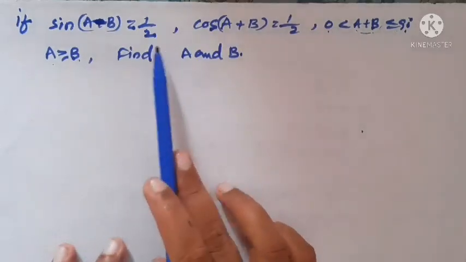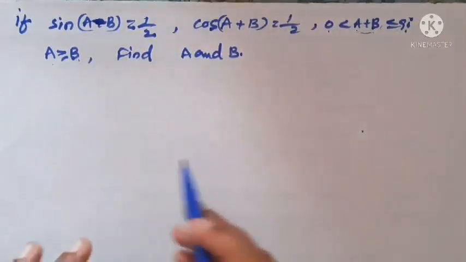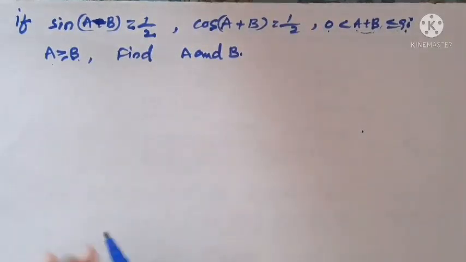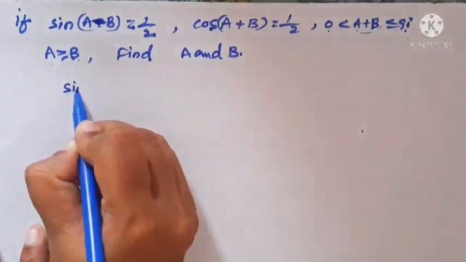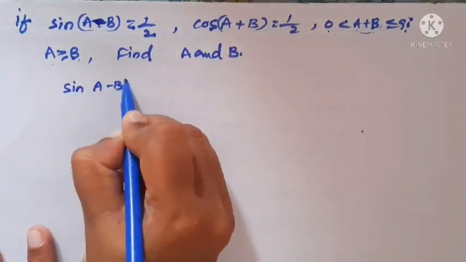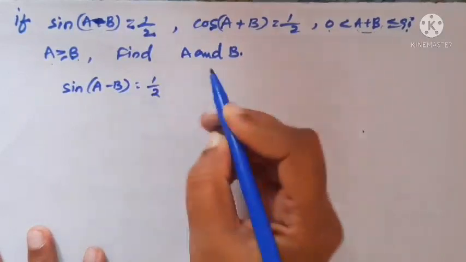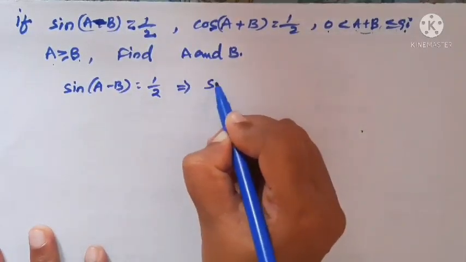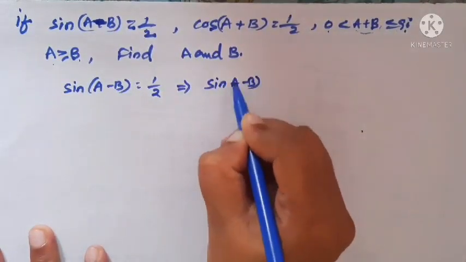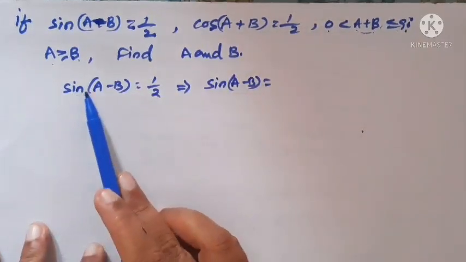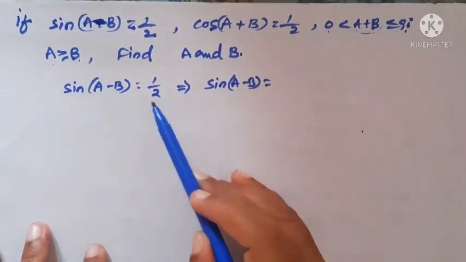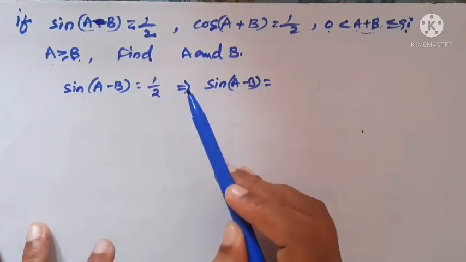Okay. And now how can we solve this problem? Let's see. sin(A minus B) equals 1 by 2. Here the sine ratio is given, so we have to take this value in the sine ratio.